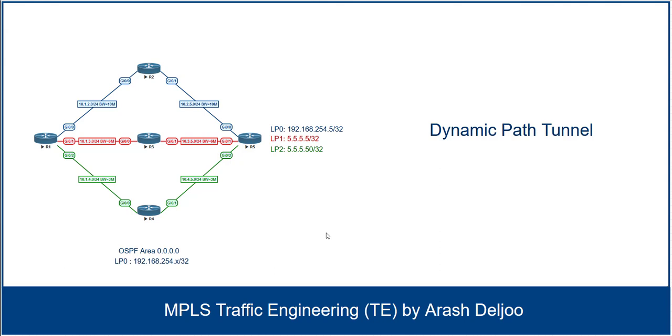Until now we learned about the explicit path and dynamic path, and we will learn about the semi-dynamic path. About steering traffic into our traffic engineering tunnels, until now we have used static routing, but we have other methods that you will learn about in the future.